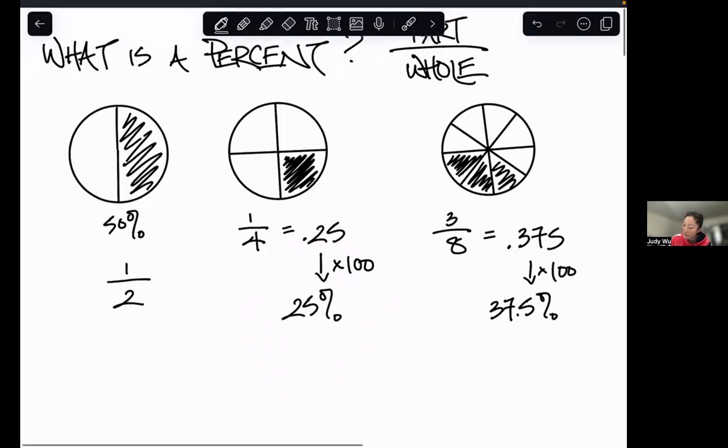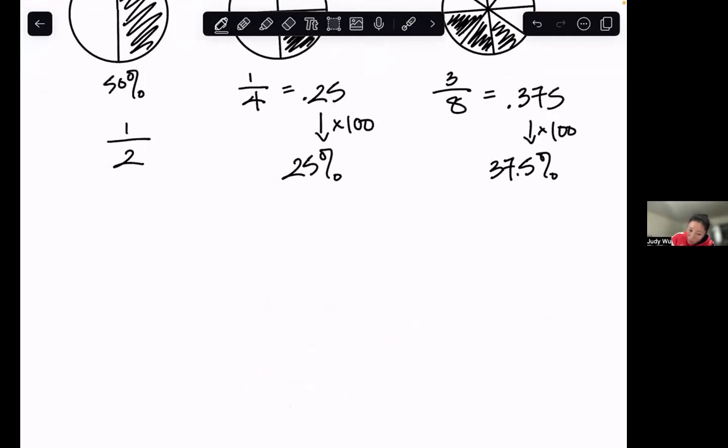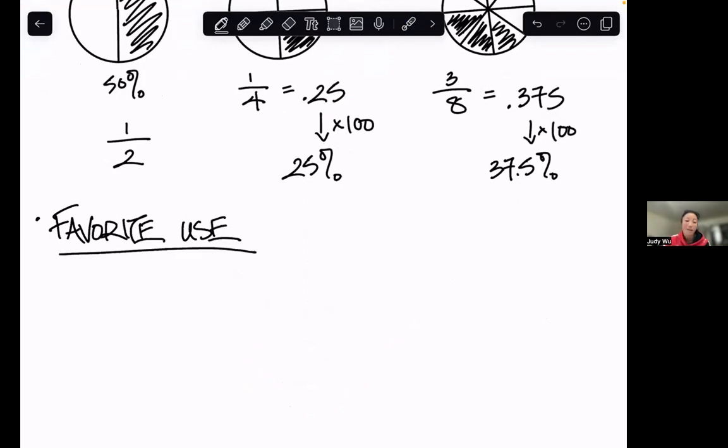Now I want to talk about my favorite use for percent in my life. Sometimes I like to go out and eat in a restaurant.